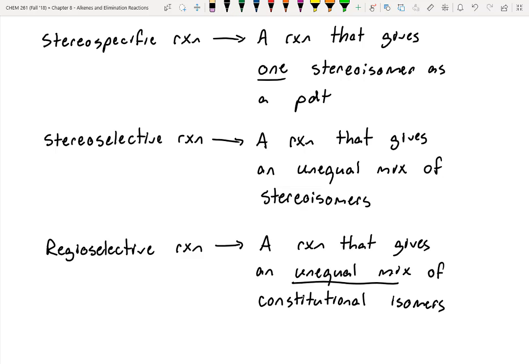So just like before, we're getting an unequal mix. But when we're talking about stereoselective, we're talking about stereoisomers. When we're talking about regioselective, we're talking about constitutional isomers. So when we're looking at Hoffman and Zaitsev products, which of these three do you think it would be?